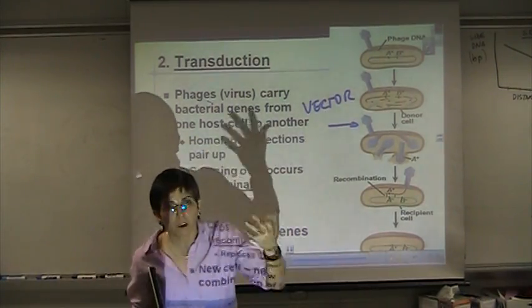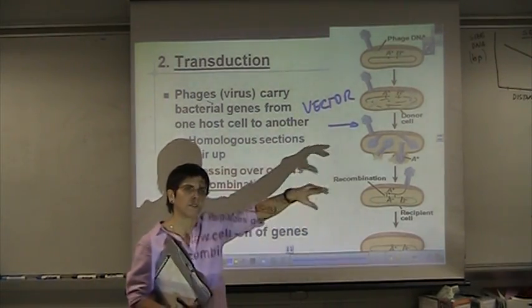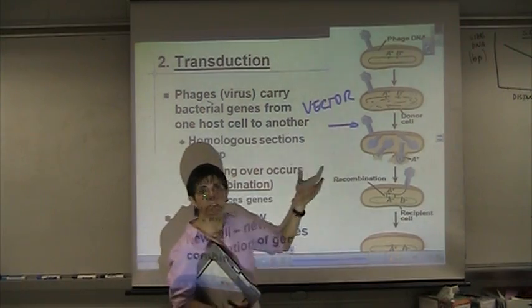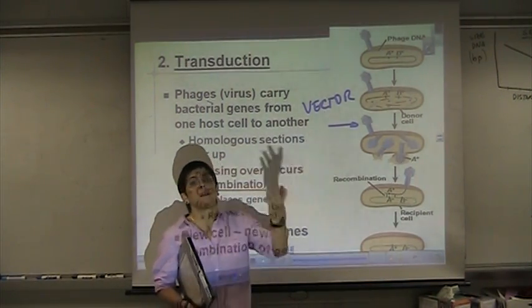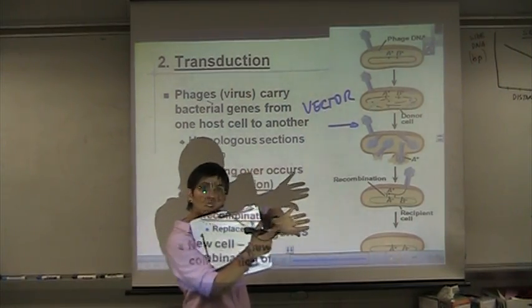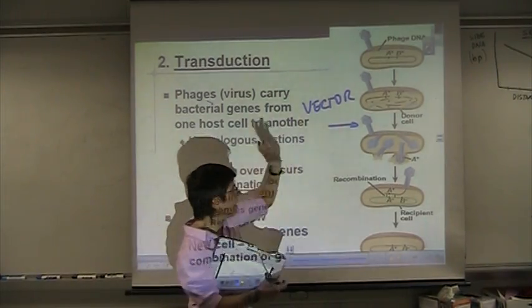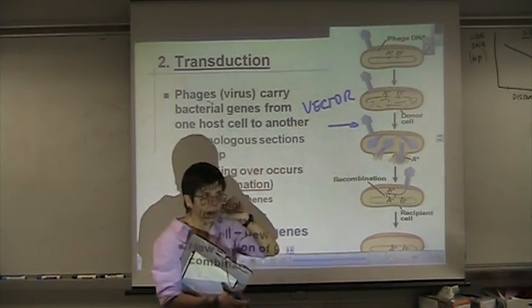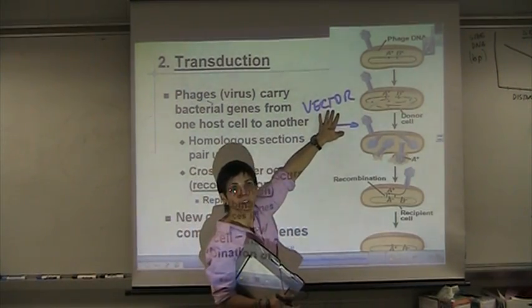Ticks are vectors for Lyme disease, for Borrelia. Basically, ticks are not affected by the bacteria, but if a tick bites us, it transfers the bacteria to us, and we get Lyme disease.